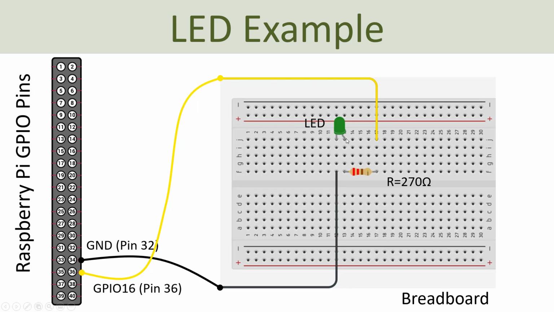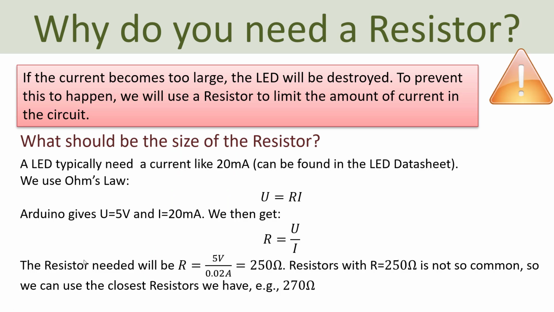I connect this one to the positive part of the LED, and then the circuit goes through this resistor, and back to one of the ground pins of this connector. So this is how you connect a LED to the Raspberry Pi general purpose input-output connector.